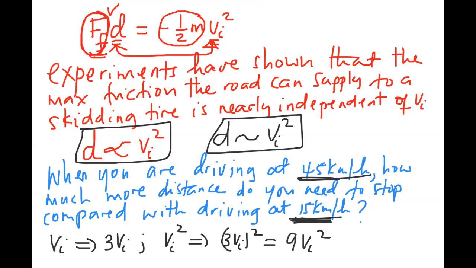It's 9 V initial squared. That means our stopping distance will be 9 times more. When you triple the velocity, the stopping distance will be 9 times more.